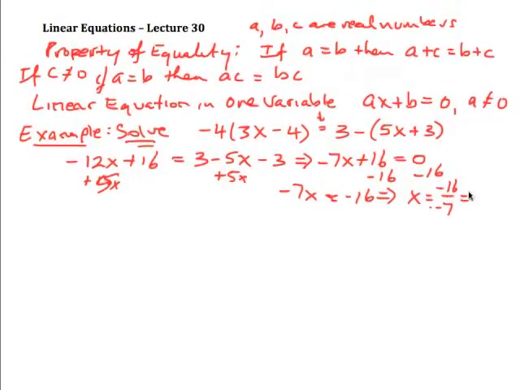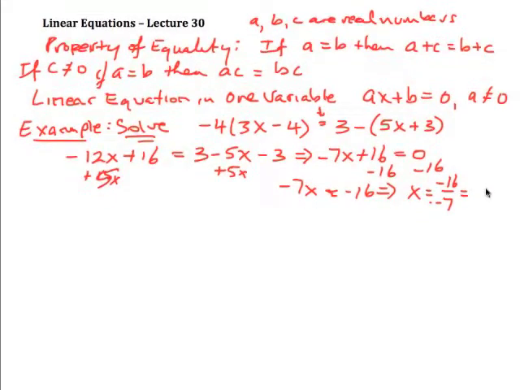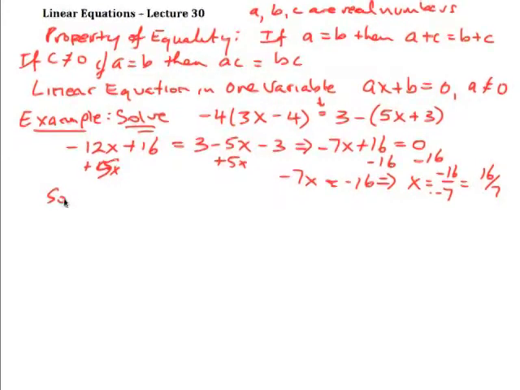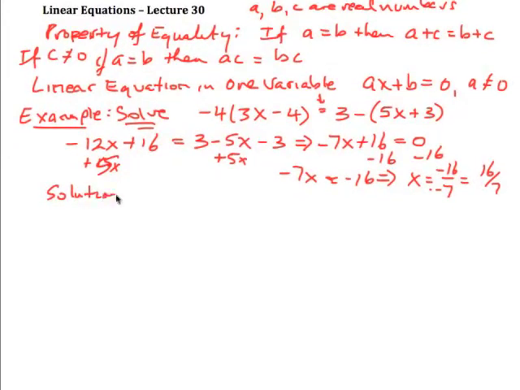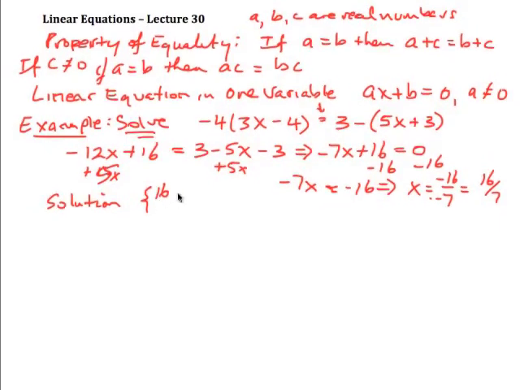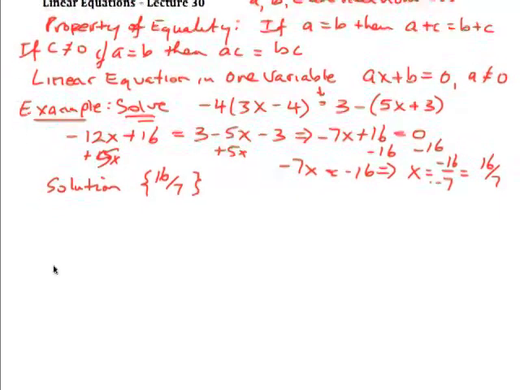The negatives cancel, so I end up with an answer of 16 on 7. So our solution is the set which consists of just 16 over 7.